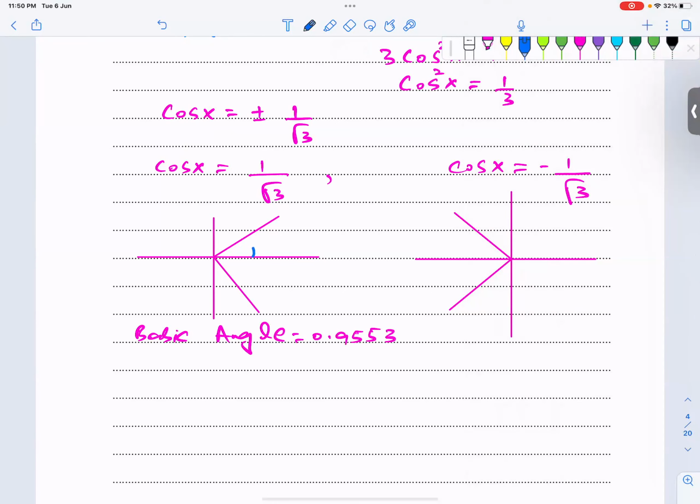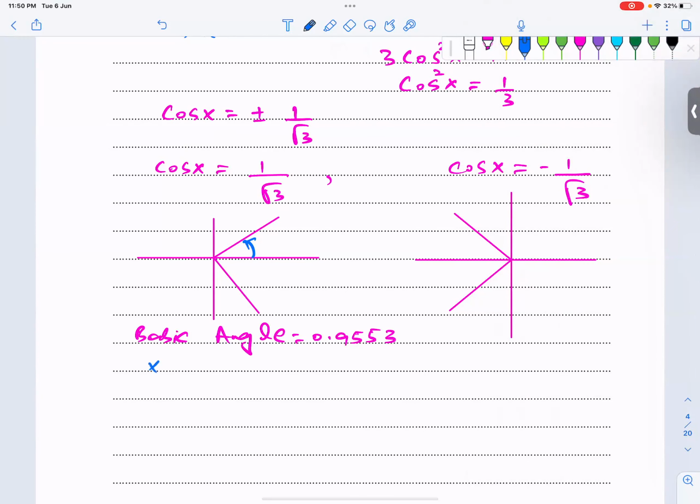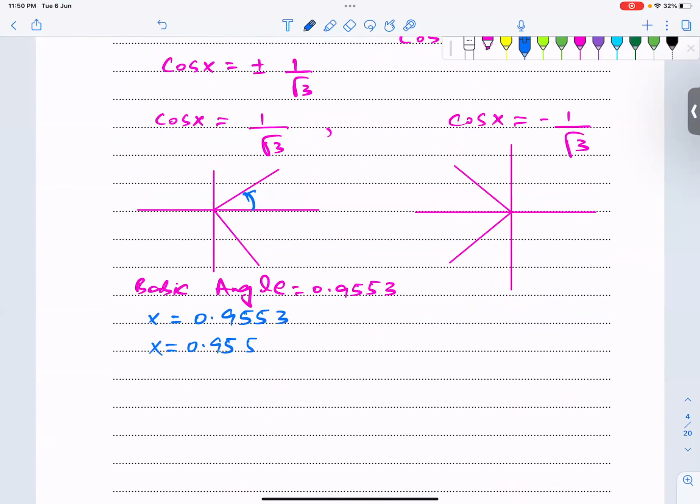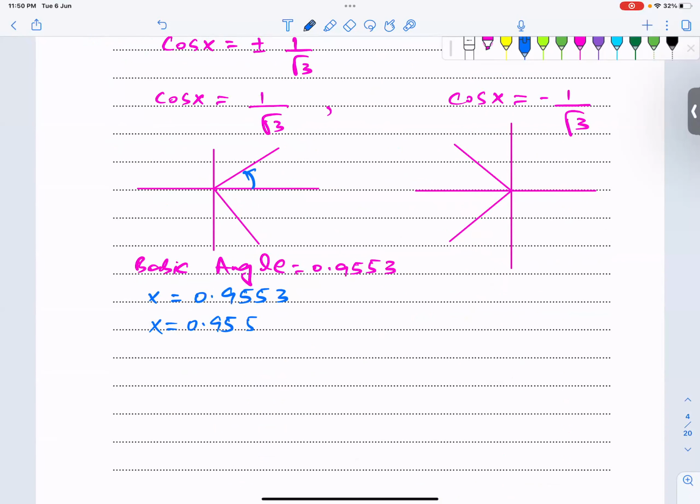Now the required angle is the basic angle. So the first answer is only 0.9553, or you can write it as 0.955. Sorry, the question needed three significant figures, so the final answer will be 0.955.